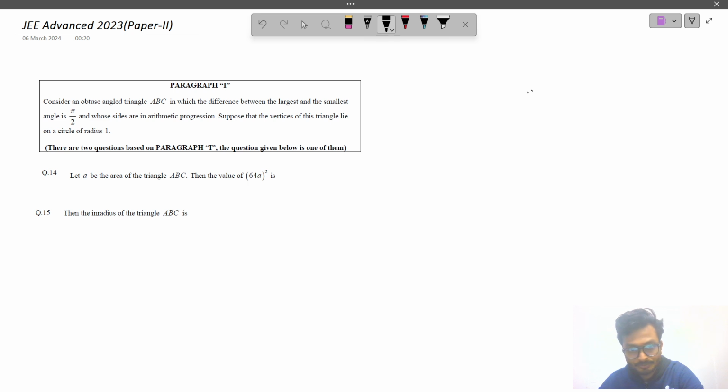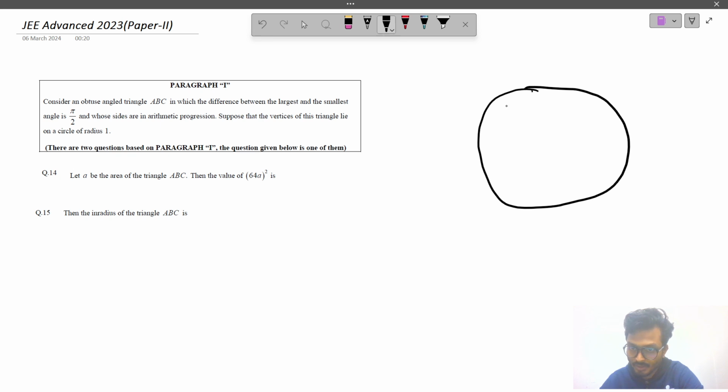Let us first draw the triangle's circumcircle, then draw the triangle. Suppose this is our triangle ABC.